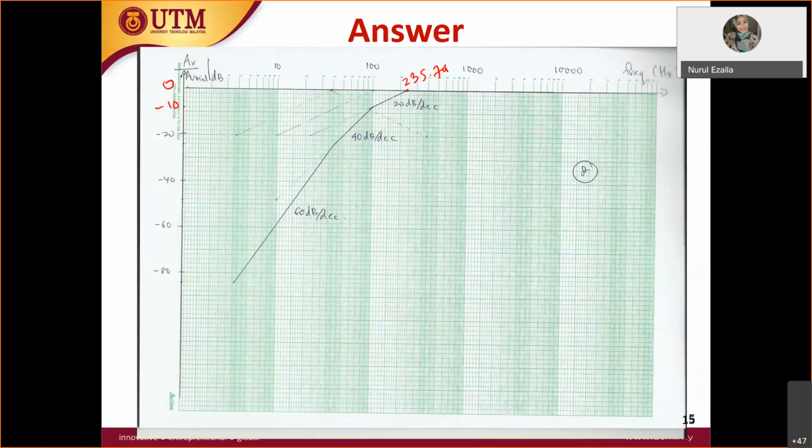But what I can say is that every time it is divided by 1 decade. So this is maybe your 23.5, and this line of 23.5 will go to the intersection line over here.